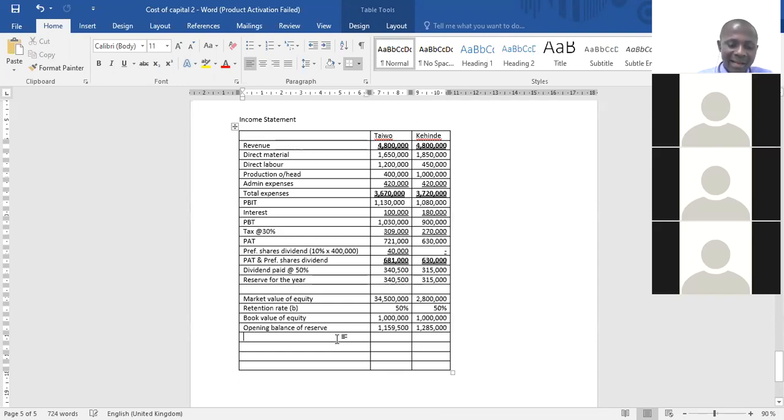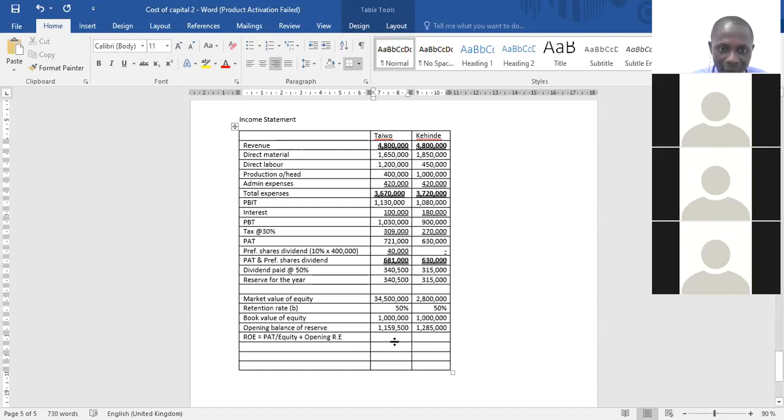So I can now say that my return on equity is profit after tax over equity plus opening retained earnings.